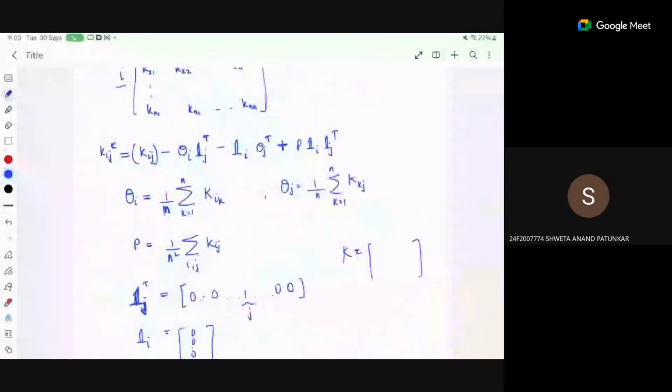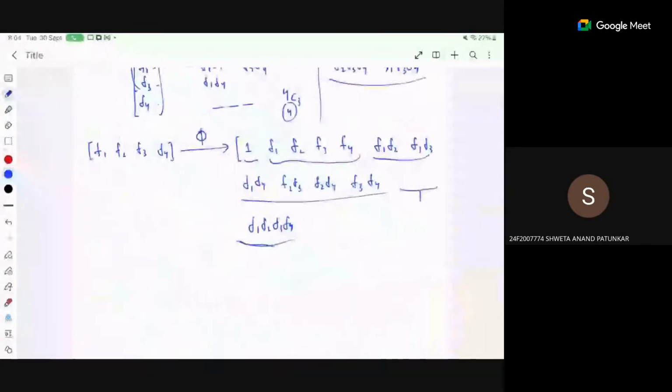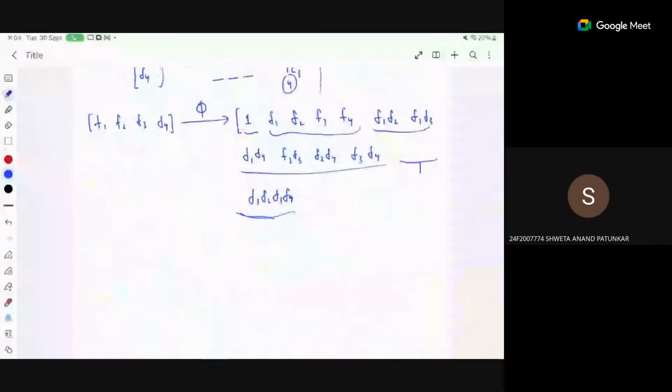So I should have my 1, I should have my F1, F2, F3, F4. This is also good. But now for the quadratic relationship, it's not that we have just these 6 components, there should be more.